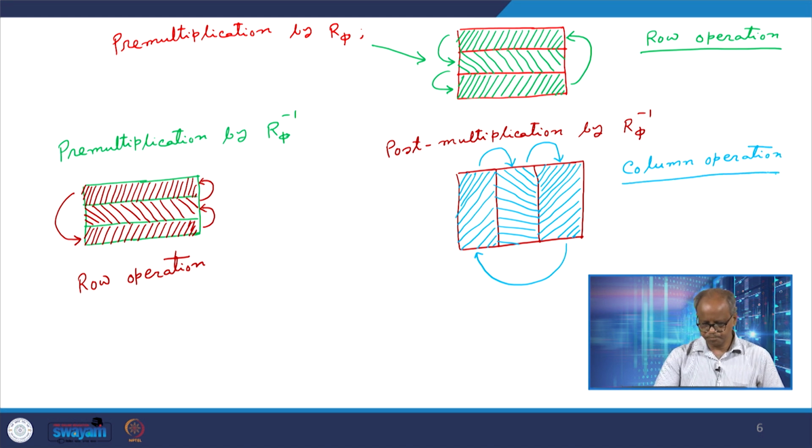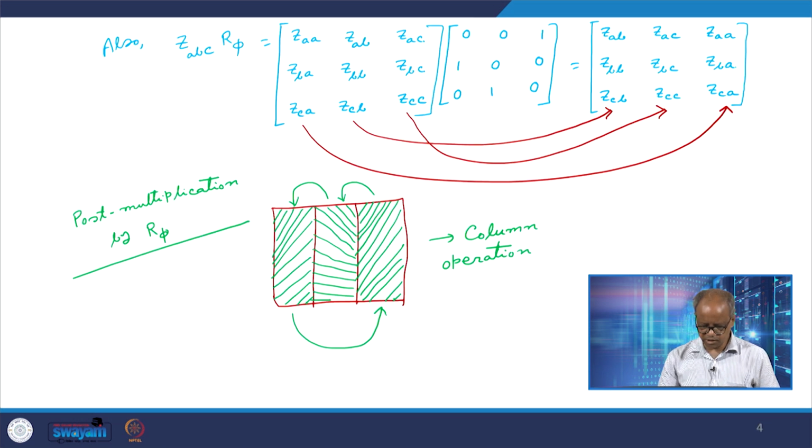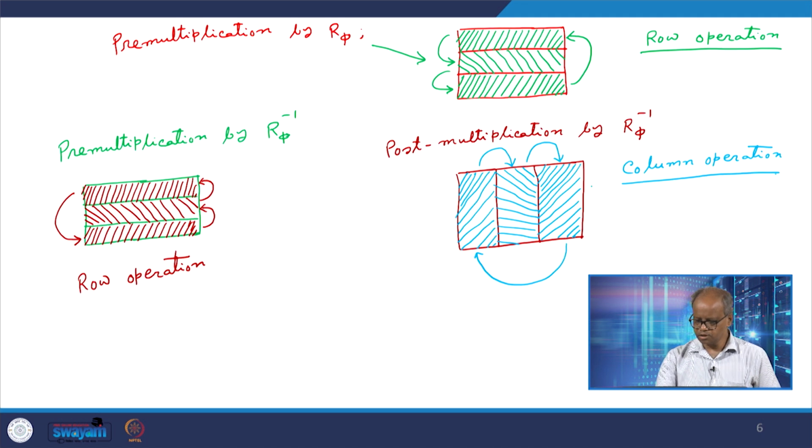And if we compare it with post multiplication by R phi, there the first column goes to the third position, but in post multiplication by R phi inverse the third column goes to the first position. So they are just reversed.